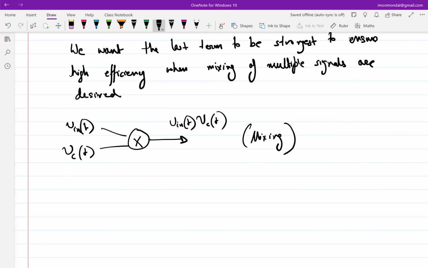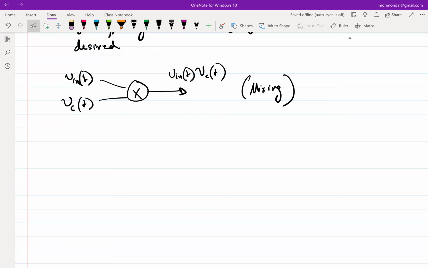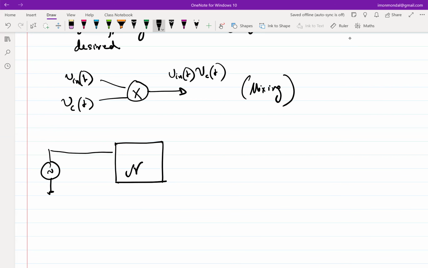So when I say time invariance, without getting too deep into mathematics, what I essentially mean is, let's say I have a system, or a network N, and I have an input.